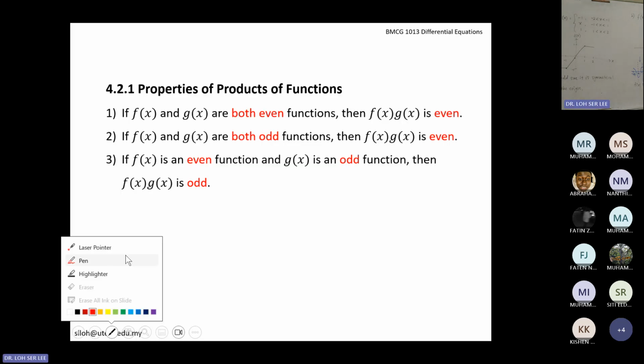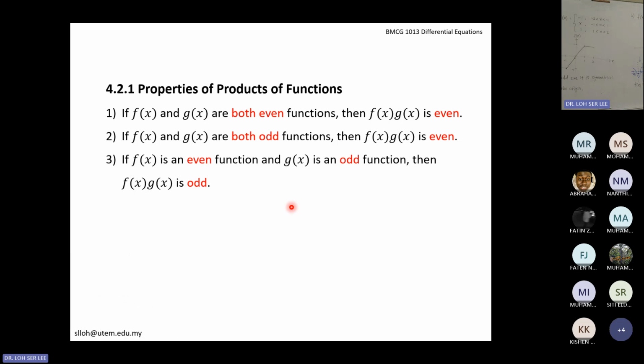Okay, one more topic, but this one is simple. This is the properties of products of functions for odd and even. So if you have two functions f and g, and f and g are both even, then f times g will also be an even function.